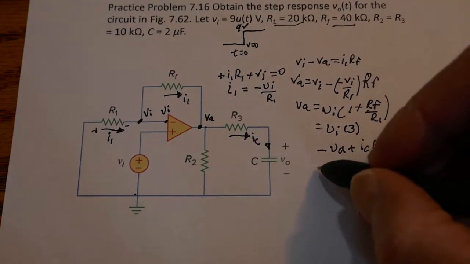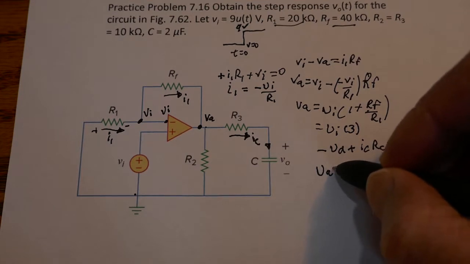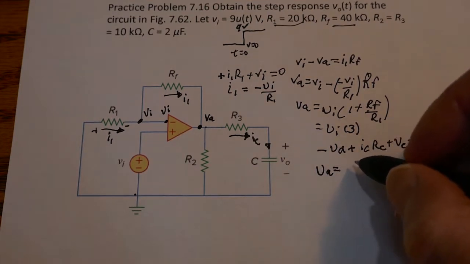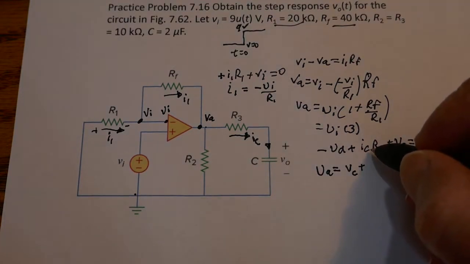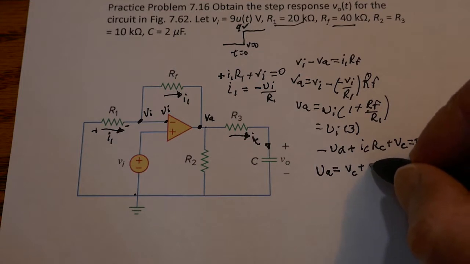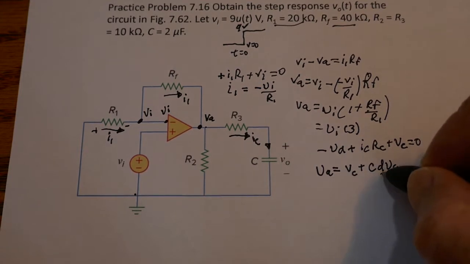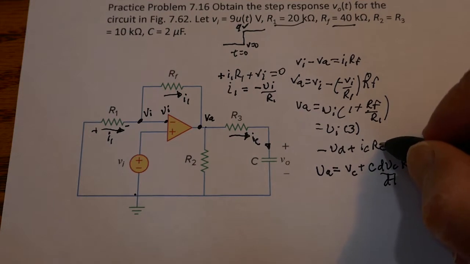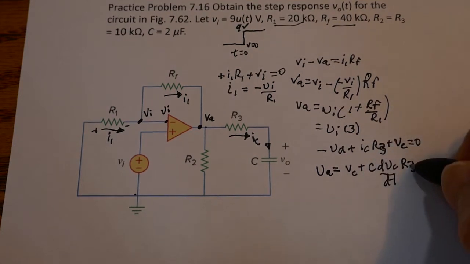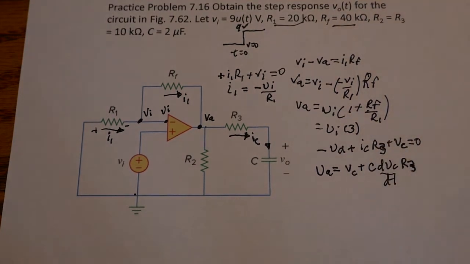So VA is equal to the voltage across the capacitor plus, now IC is just C dVC/dt, multiply that times R. I wrote RC, it should be R3.